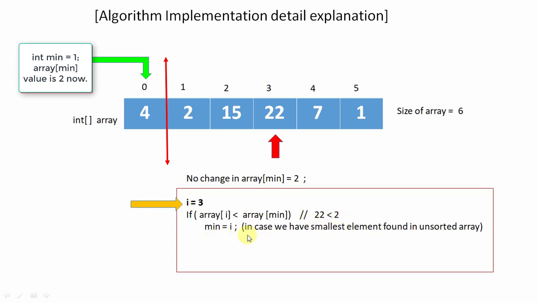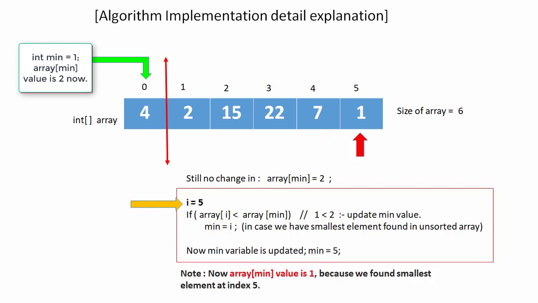No change will happen. Now we will move to the next. And now you can see the 7 will be compared with the 2. Okay, so array[min] is still 2. There is no change. So this condition will be executed, the comparison will occur, and 7 is less than 2, which is false, and no change will occur. Now we will move to the next.